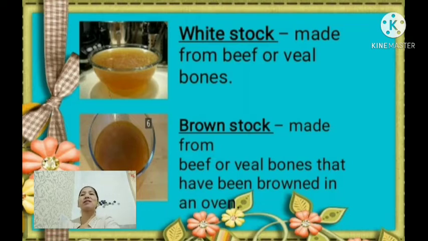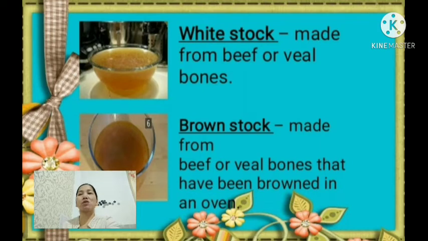Okay, the next one is the brown stock or yung parang kulay brown. It is made from beef or veal bones that have been browned in an oven. Okay, so parang yung karne o yung buto para siyang sinangkot o yung minsan yung tinatapa tapos sasabawan kaya siya nagiging kulay brown. O di kaya nilalagay mo na sa oven o yung hinuhorno.